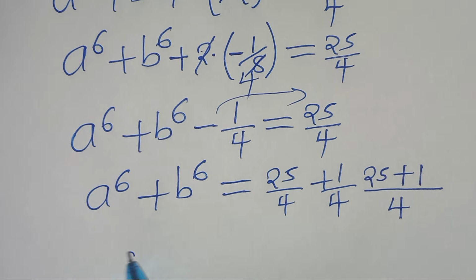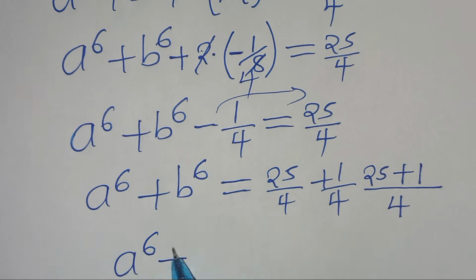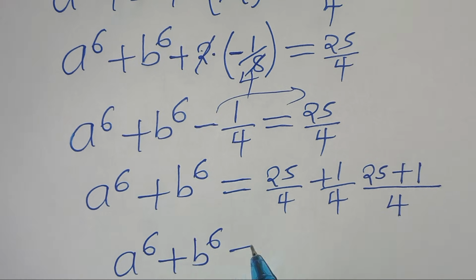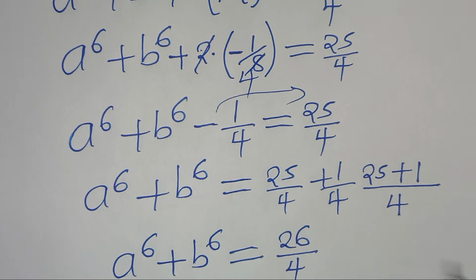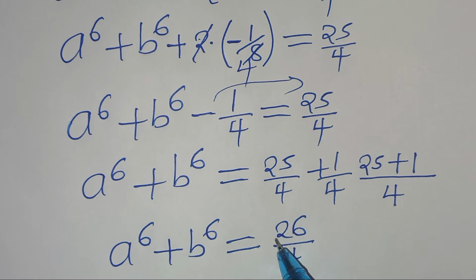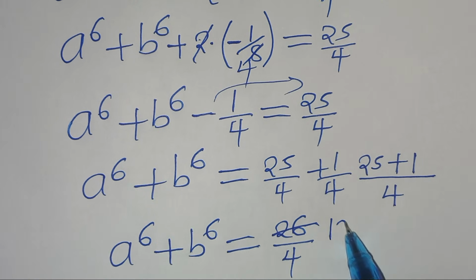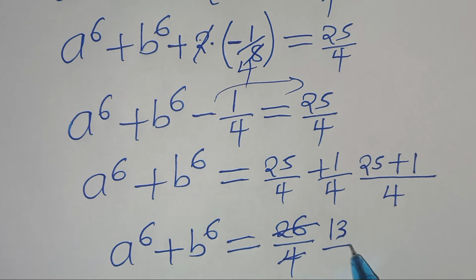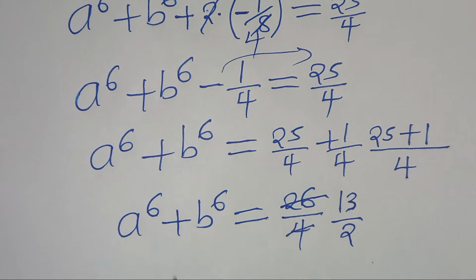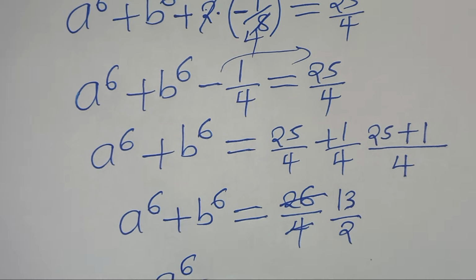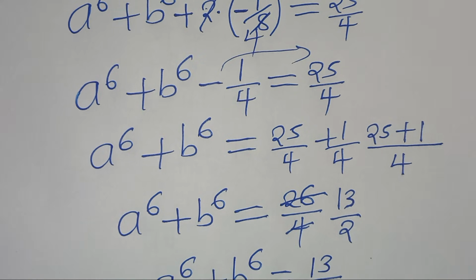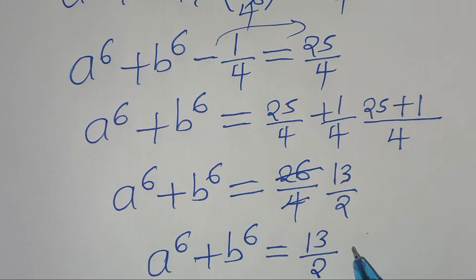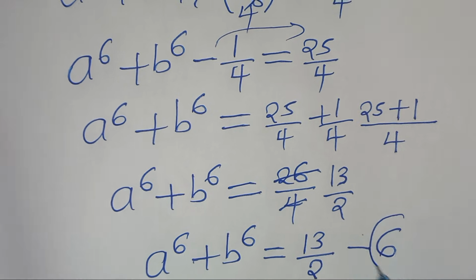So this means that a to the power of 6 plus b to the power of 6 is equal to 25 plus 1, which is 26 over 4. We can simplify here. 26 divided by 2 is 13, 4 divided by 2 is 2. So we have that a to the power of 6 plus b to the power of 6 is equal to 13 over 2. Let's call this equation 6.